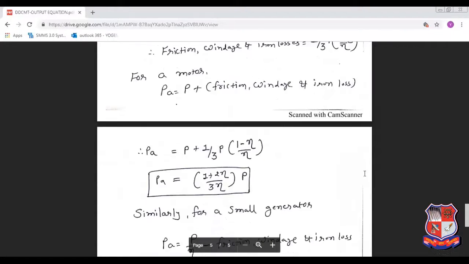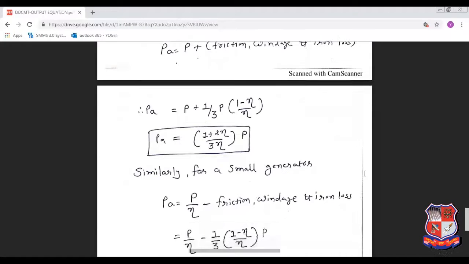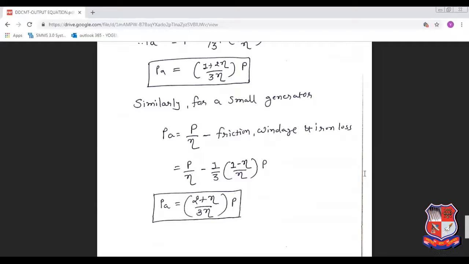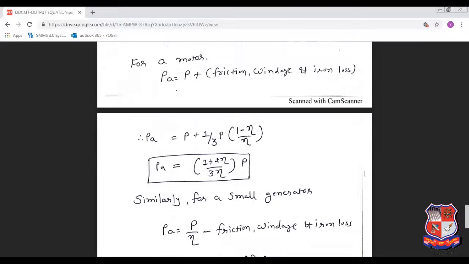For a small motor, PA is equal to P multiplied by 1 plus 2 efficiency divided by 3 efficiency. And for a small generator, PA is equal to P multiplied by in the bracket 2 plus efficiency divided by 3 efficiency.